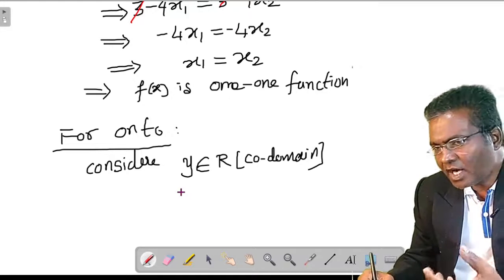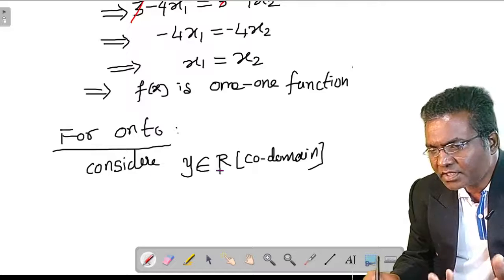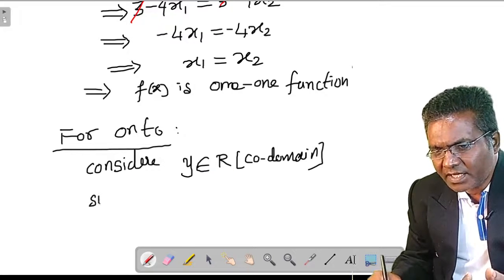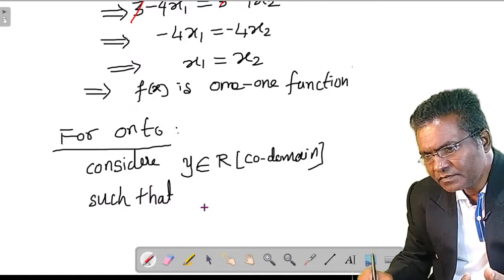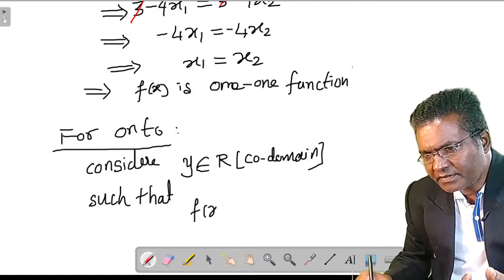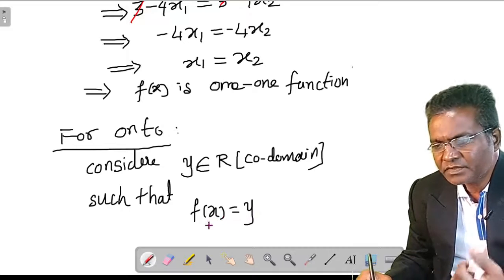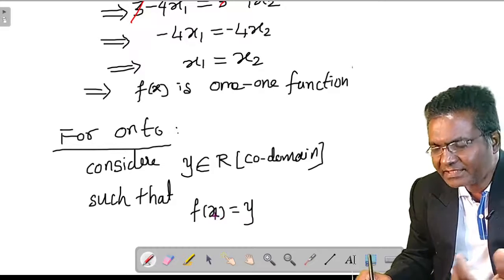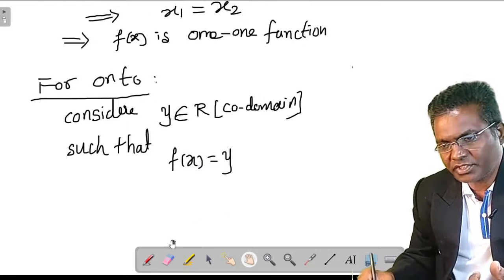How should it be? Suppose that y belongs to R such that f of x is equal to y, meaning y is the image of some element x in the domain that you have to search.